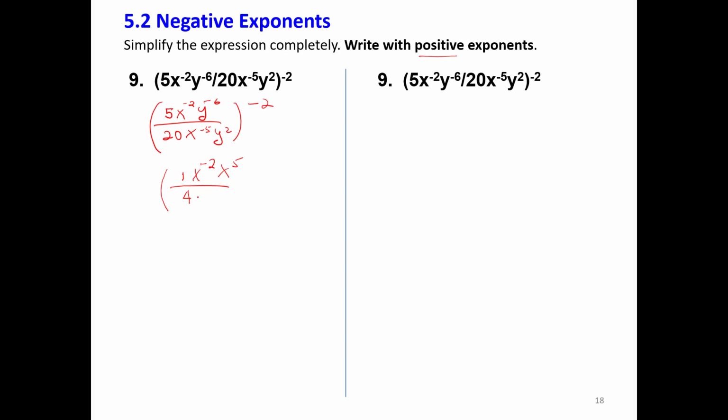And we had y to the second. Then because we want just positive exponents, we can move this one to the denominator. We move to the bottom and we change the exponent to the minus 2.